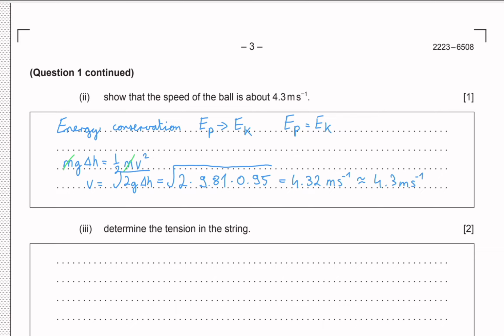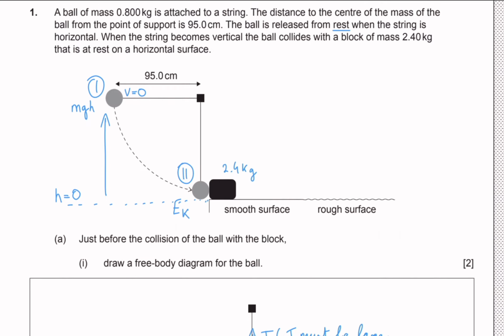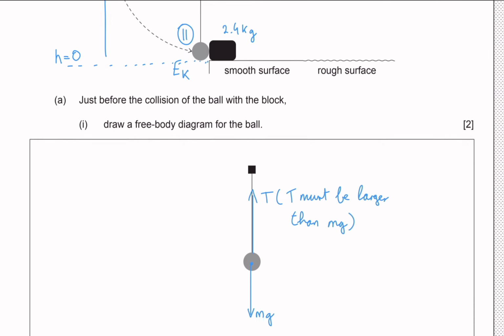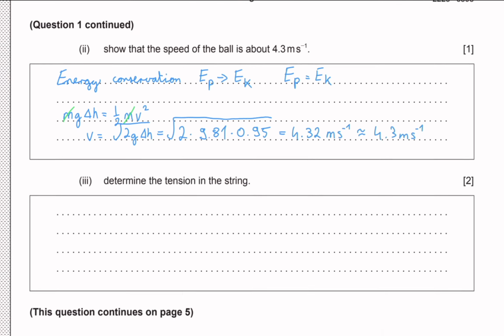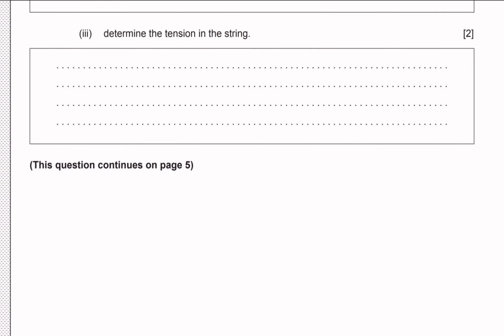And now we also need to determine the tension in the string, again right before it collides with the block. I already gave some hints to this when we were talking about the free body diagram, as here we're going to need a centripetal force.